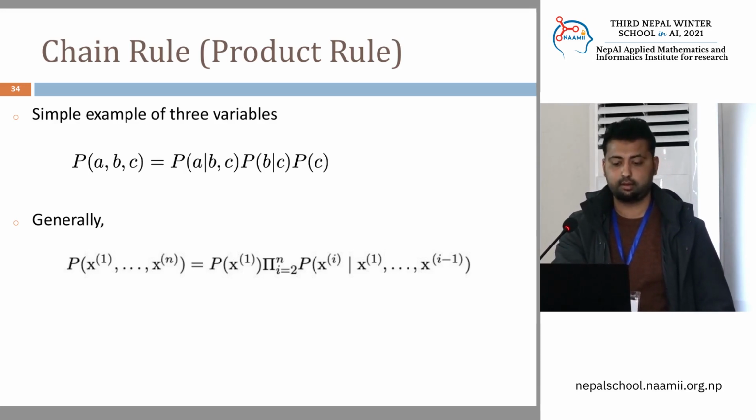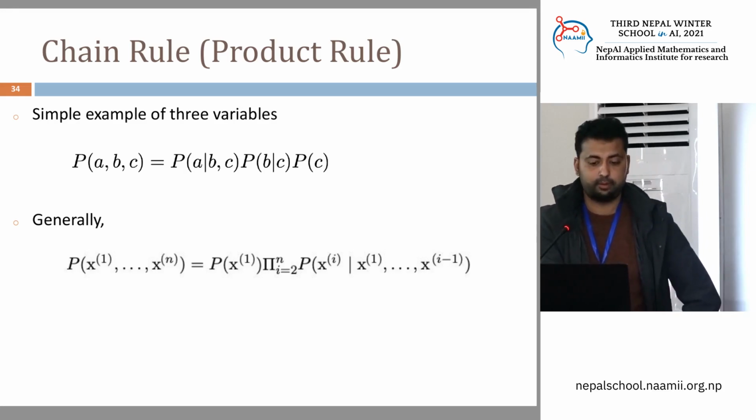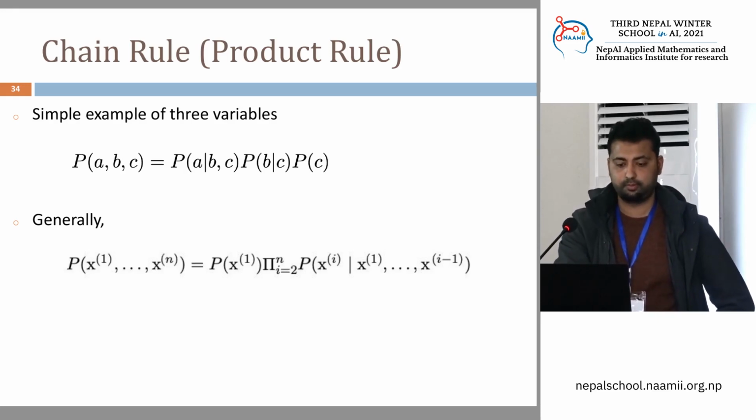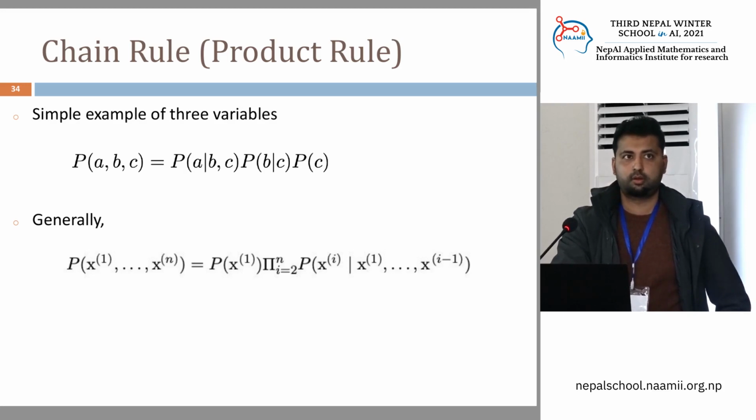If you expand this equation, it looks something like this, where you start with x1, and then you do x2 given x1, and x3 given x1, x2, and so on. So you decompose the joint into conditional probabilities with smaller and smaller conditioning.